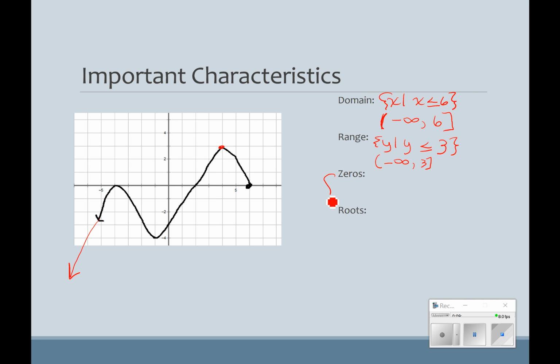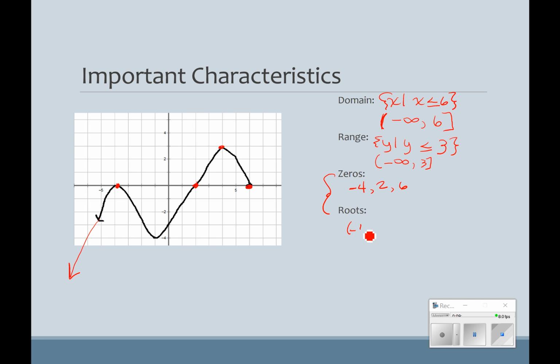Remember, my zeros and roots are the same thing. So we're going to go, I'm right about here. So we're going to estimate that. I'm just going to say it's about negative 4 because we don't have a calculator to tell us what it exactly is. Okay. 2 and 6. And if we were to write that as ordered pairs, I'm going to put that down here with roots.